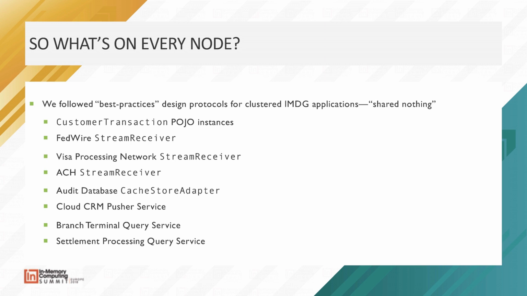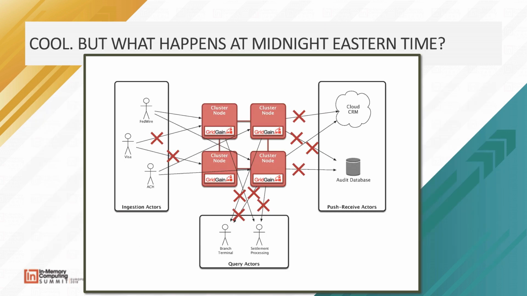That's a lot of stuff to put on a node. But if you follow a shared nothing design where you try to do everything in a single memory image, that's what you get. And that's cool. But what happens at midnight Eastern time, which is the magic moment in all of US finance? Because that's where Fedwire and ACH transactions are sent to banks.